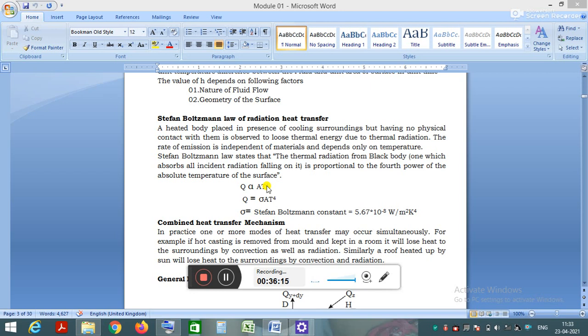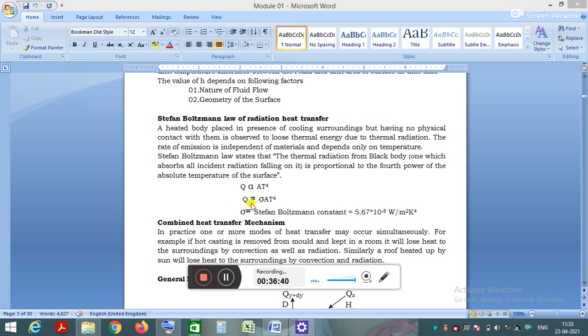Its value is 5.67 into 10 to the power of minus 8 watt per meter square Kelvin to the power of 4.